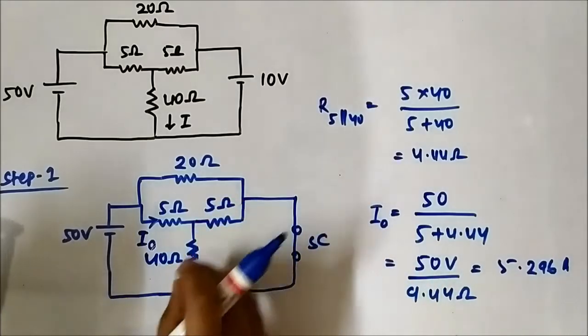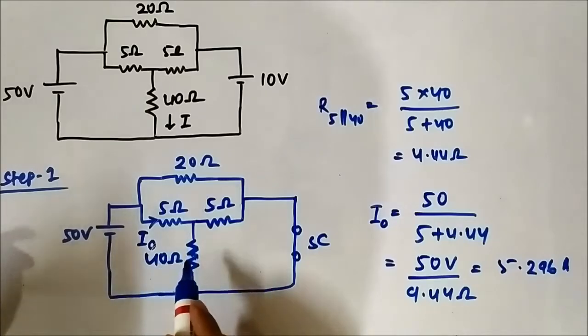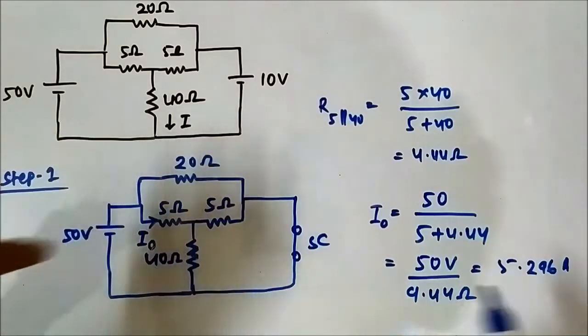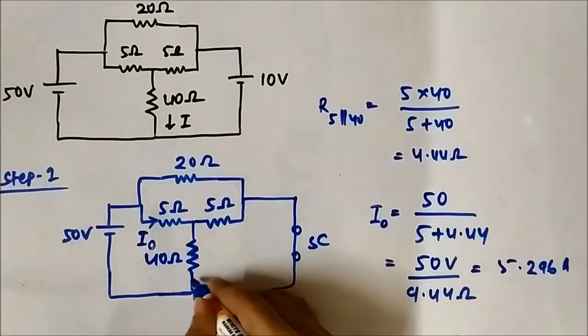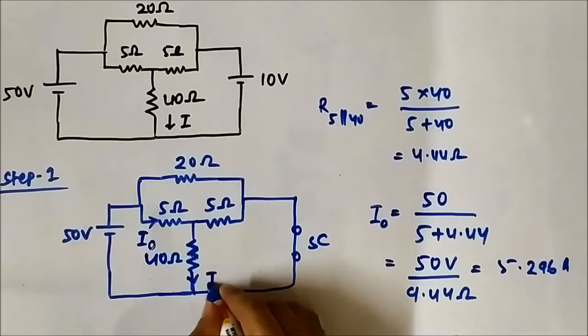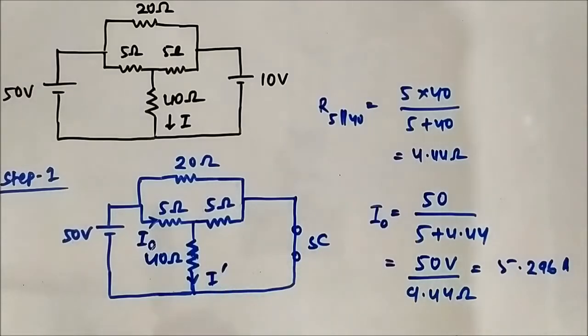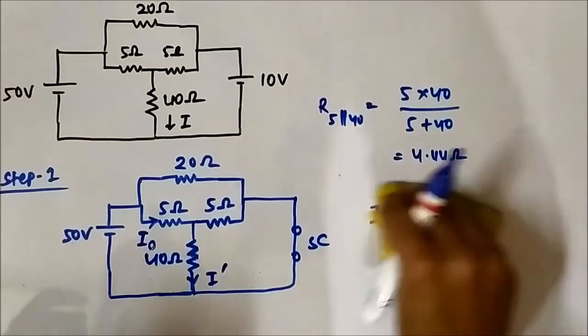There we calculated the equivalent resistance and got 4.44 ohm. It was easy to calculate this 5.296 ampere. Now we have to determine this current. Let's call it I dash, step 1. Let me erase these parts.